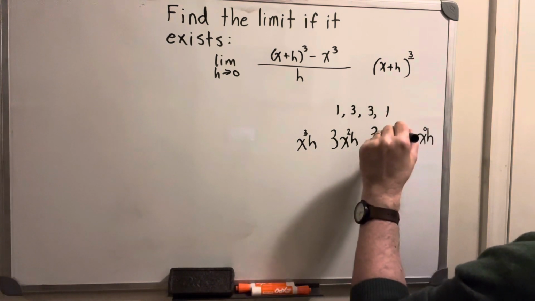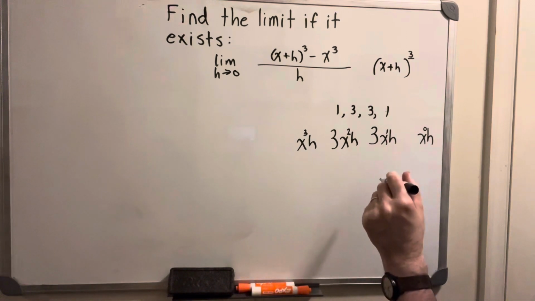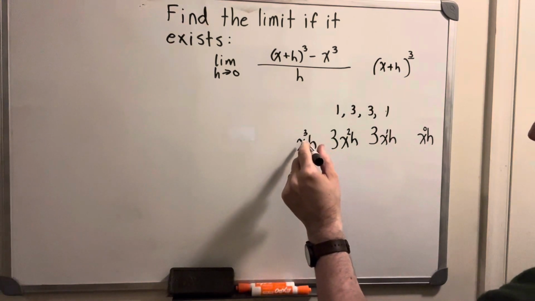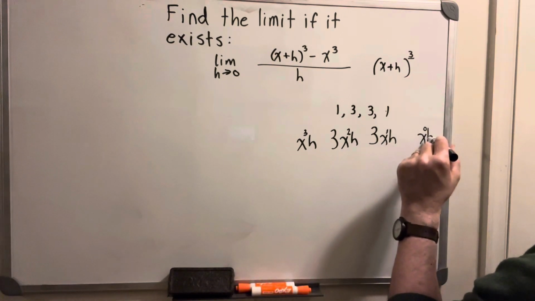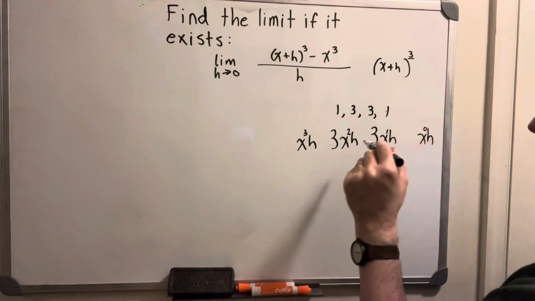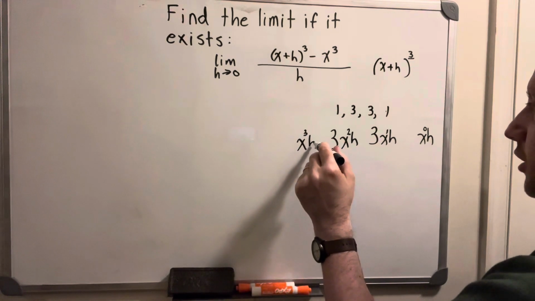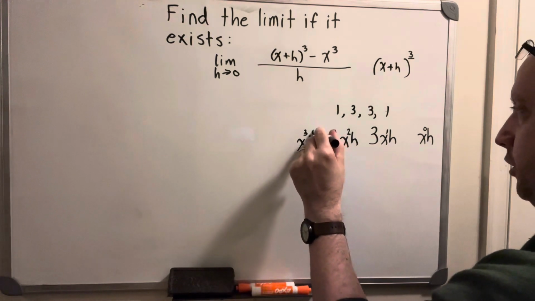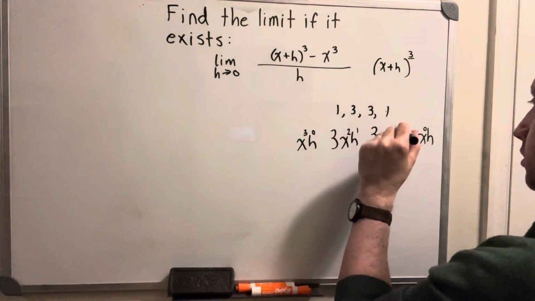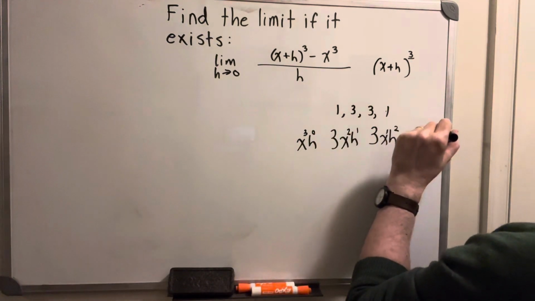I'll go ahead and put a 1. Okay, so the x has x to the third, x squared, x to the first, and x to the 0th. Now on the h factor, I'm going to start going the other way. 0, 1, 2, 3.